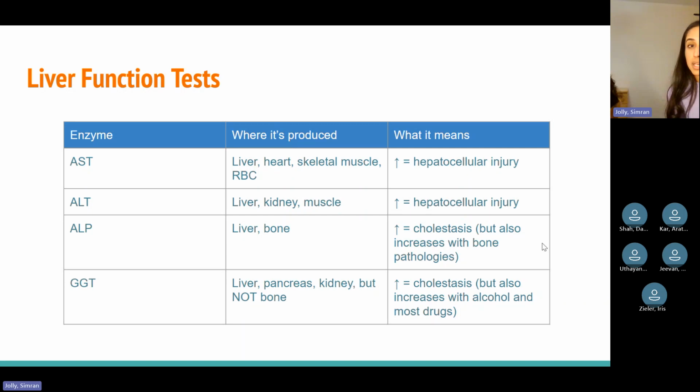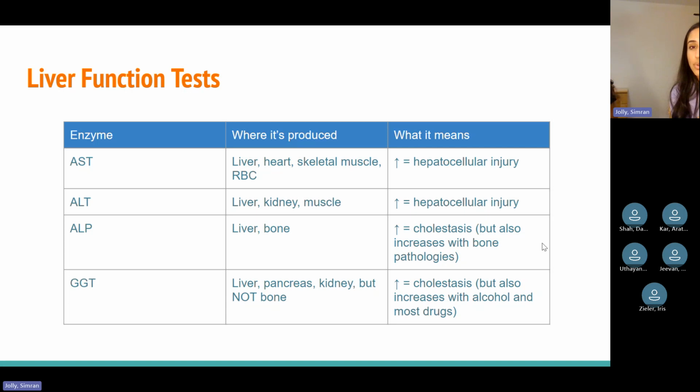Then you've also got ALP, which is produced in the liver, but it's also a marker of bone turnover. So if it's increased, it implies some sort of cholestasis, so your bile getting stuck in your bile ducts, whether that's sclerosing cholangitis or primary biliary cholangitis.